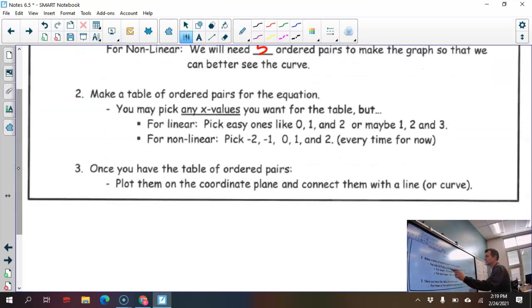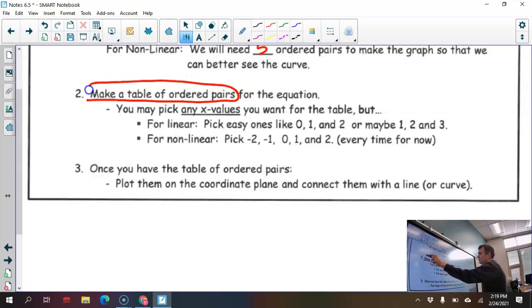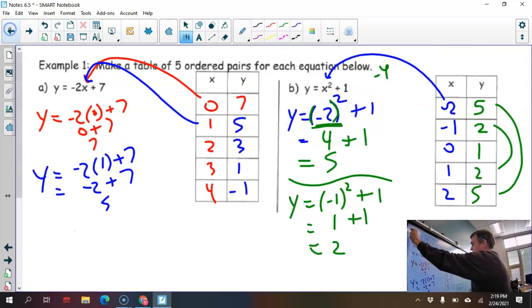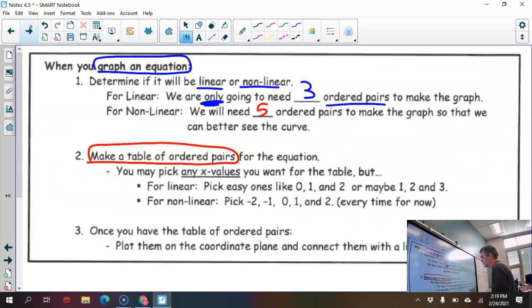Step 2, make a table of ordered pairs. We just practiced doing that back here in example 1. Now, you may pick any x values you want, but I have told you on the homework, for linear, I want these to be your x values, and for nonlinear, I want these to be your x values every time right now.